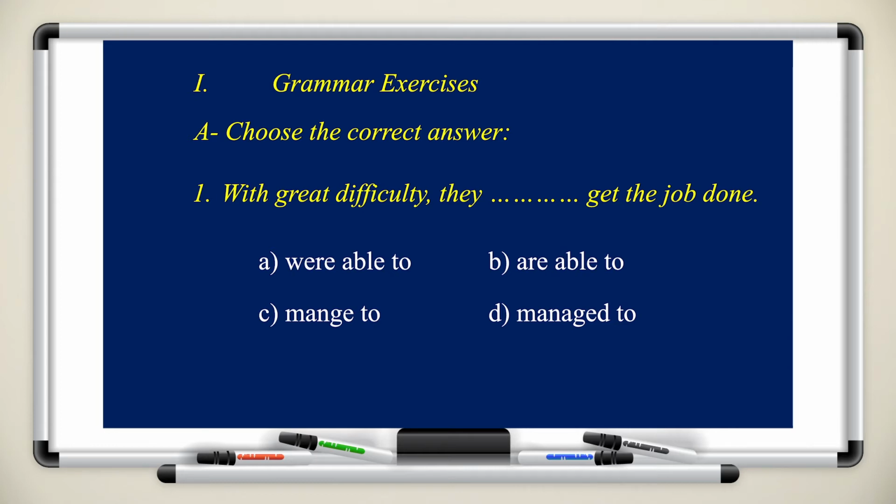The correct answer is managed to. If you remember, in the grammar lesson, the modal verbs that refer to ability and inability. Remember this lesson. We'll go back to it.